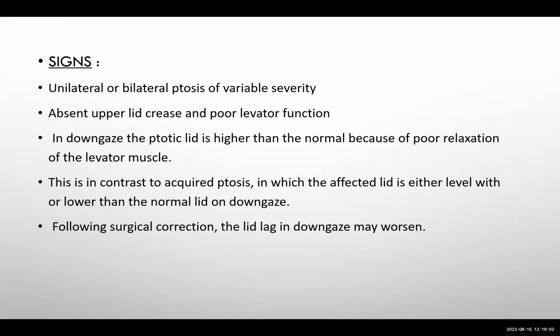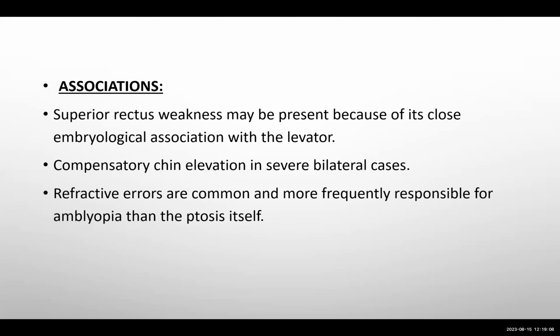Following surgical correction, the lid lag in down gaze may get worse. The associations are: superior rectus weakness may be present because of its close embryological association with the levator. Compensatory chin elevation is seen in severe bilateral cases, and refractive errors are more common and more frequently responsible for the amblyopia than the ptosis itself.